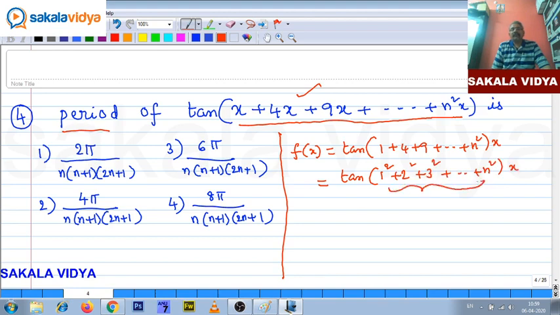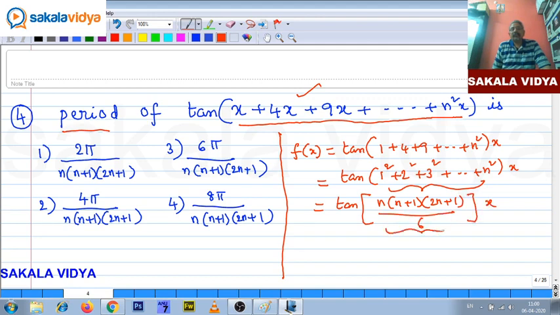See what is this value? Sigma n square is n into n plus 1 into 2n plus 1 by 6. So this is replaced by tan of n into n plus 1 into 2n plus 1 upon 6 of x.